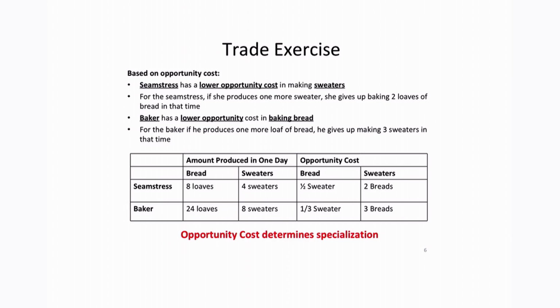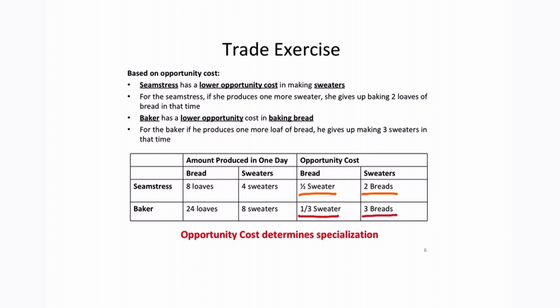The opportunity cost for the seamstress to produce one additional loaf of bread is that she will have to give up half a sweater. For the seamstress to produce one additional sweater, she needs to give up producing 2 loaves of bread. For the baker to produce one additional loaf of bread, he needs to give up 1/3 of a sweater. To produce one additional sweater, he has to give up 3 loaves of bread.